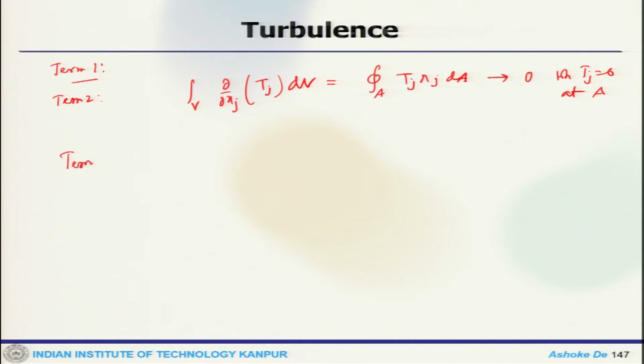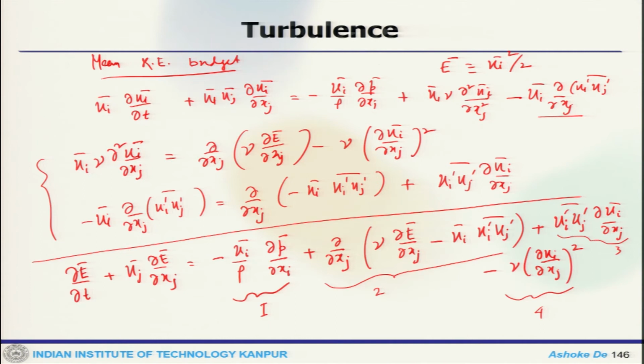Now, term 3 is a loss of energy by Reynolds stress.